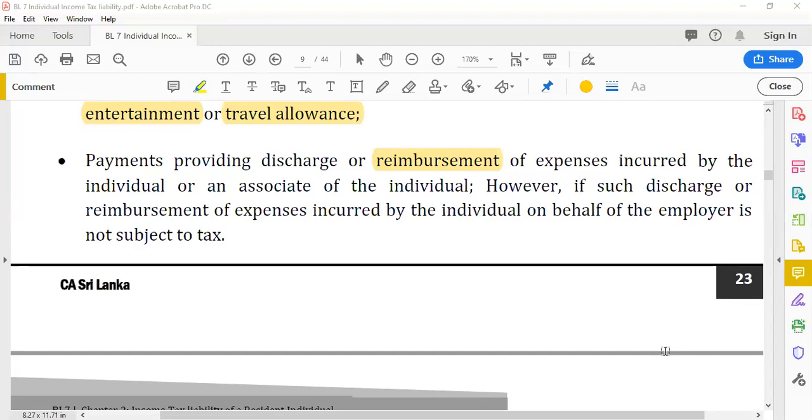Say, for example, he has spent 10,000 rupees for lunch. Is this 10,000 company expenditure or his personal expenditure? It is for the company. On behalf of the company, he has spent that money.